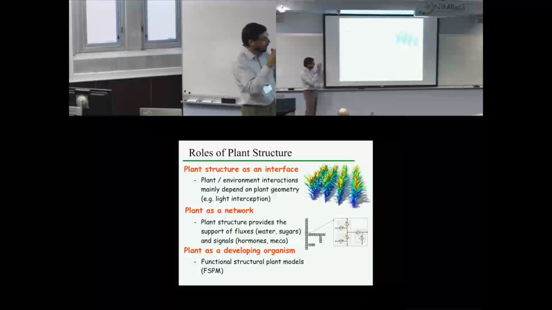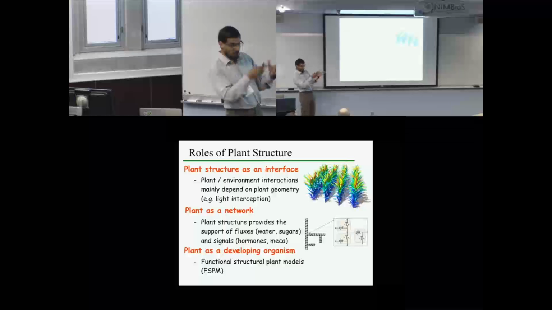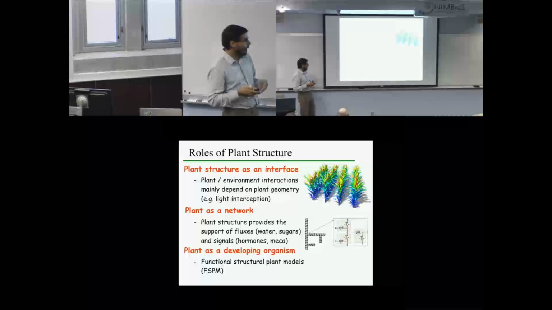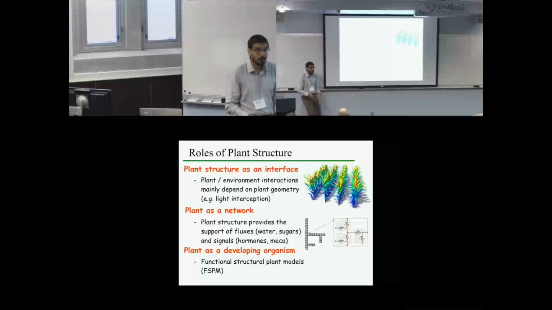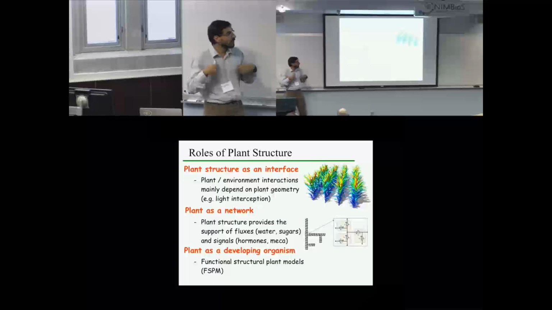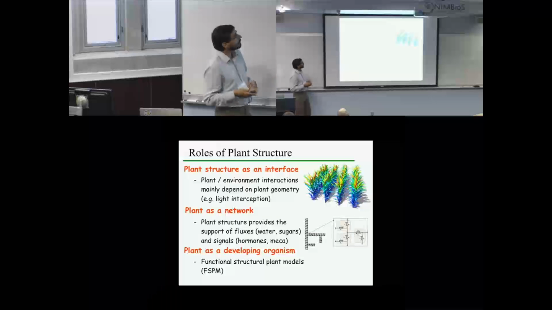For water flux, for instance, you will represent the plant as electrical circuits, and the plant structure will provide how the elements are connected together. And in functional structural plant models, you see that the structure influences the geometry. That is, when a plant grows, its geometry changes through time, but also the geometry will change the structure due to, for instance, shading or competition.